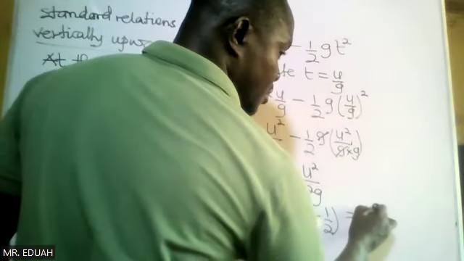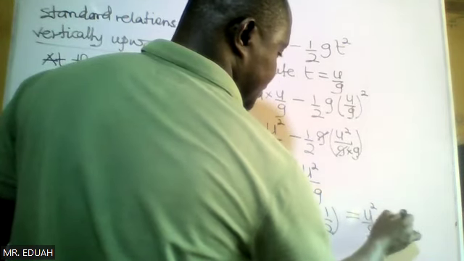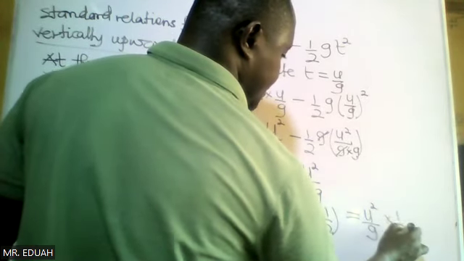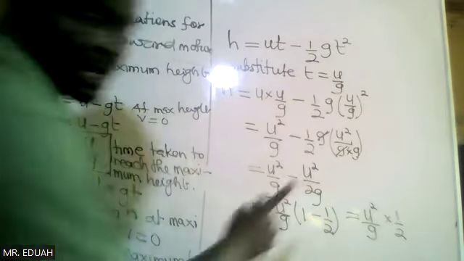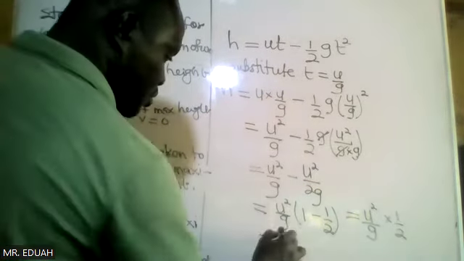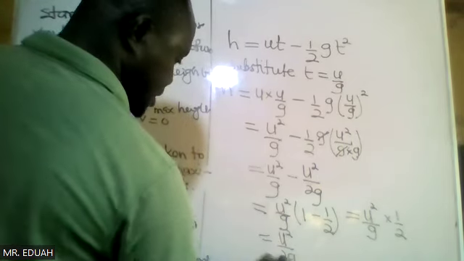So you have u squared over g times half, and that is equal to u squared over 2g.